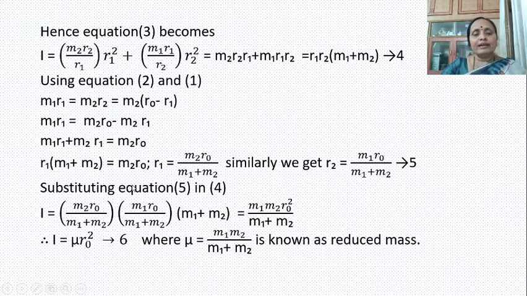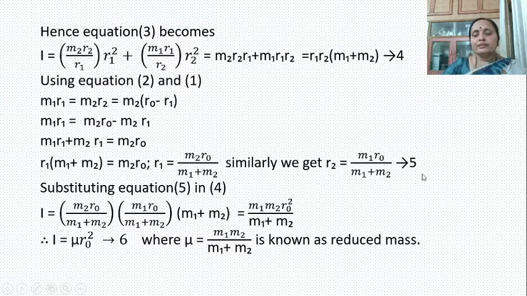When I simplify, I get R1 = M2 R0 by (M1 + M2). Substituting the expression for R1, I will get an expression for R2, and that will be M1 R0 by (M1 + M2).